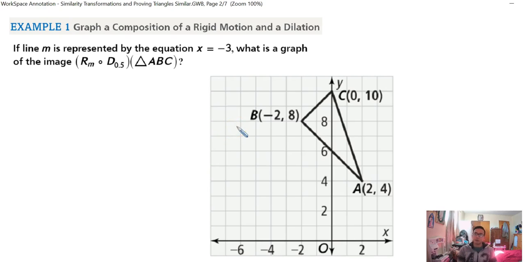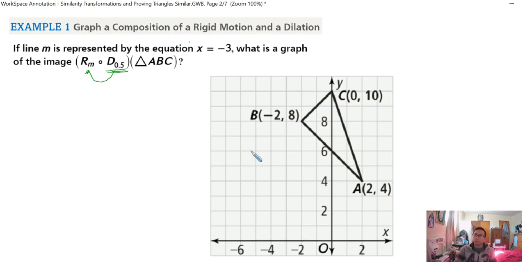As a review, if we are doing a composition, you have to perform first your dilation before we go to your reflection with the line of reflection M.